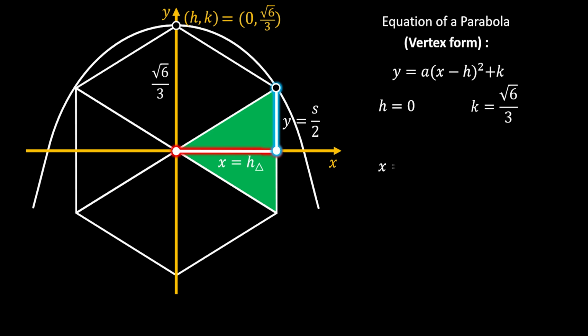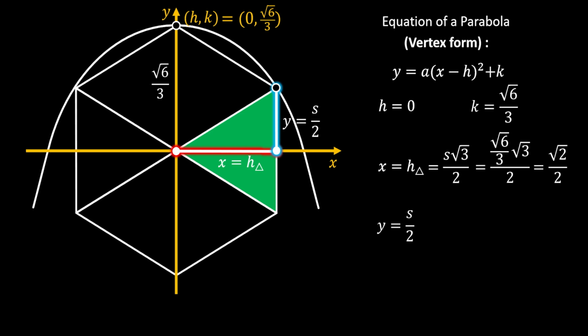Let's start with the x. This is equal to the side times square root of 3 over 2, since this is the formula for the height of an equilateral triangle. We will substitute s with the value of our side, and we will get that this is equal to square root of 2 over 2.